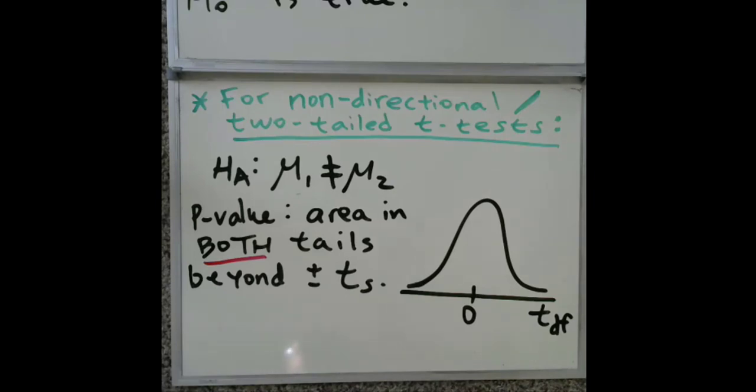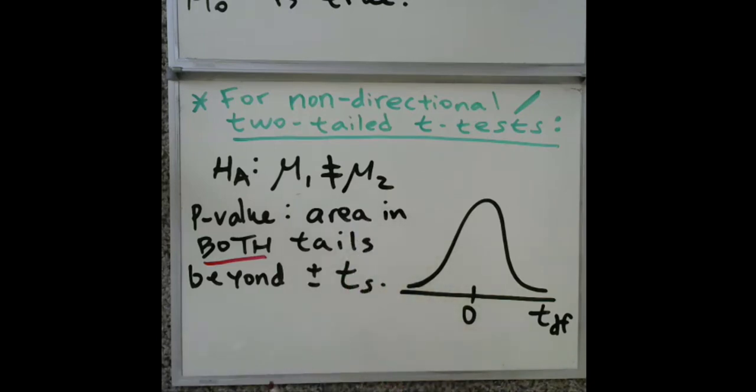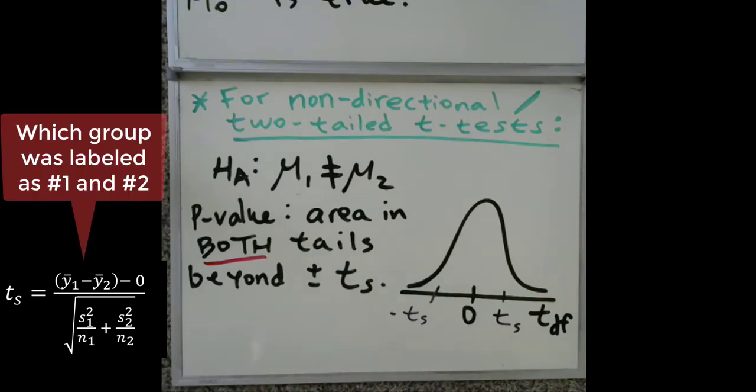Because a two-tailed or non-directional t-test is testing if a difference exists in the population means, that difference can take place in two ways. Group 1 can be larger or group 2 can be larger. We're looking for a difference. When that test statistic is calculated, it could be negative, it could be positive, and that's also not entirely important with the classic alternative hypothesis here, depending on how you've structured your test statistic.